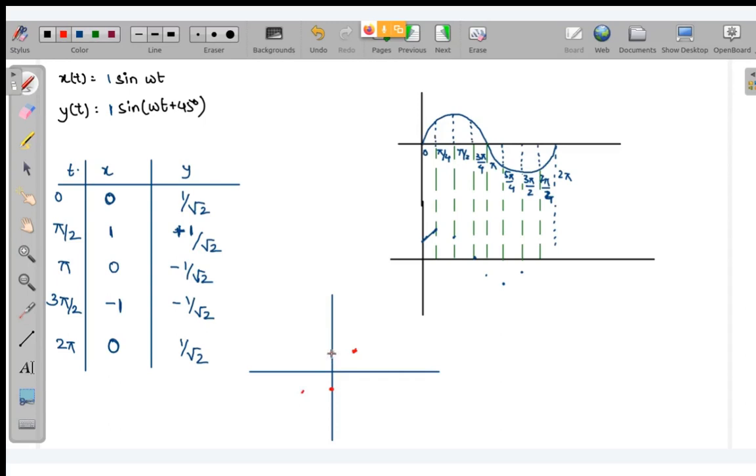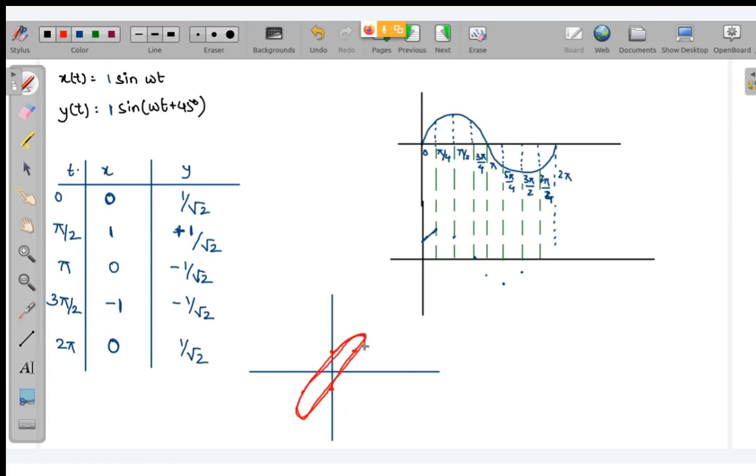Okay, so this will look something like this. It will basically be an ellipse. So this will form an ellipse, something like this.